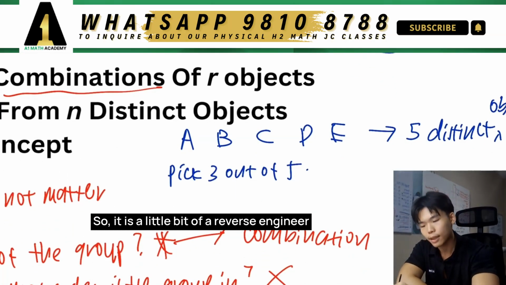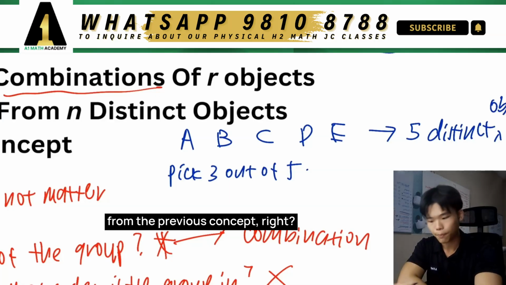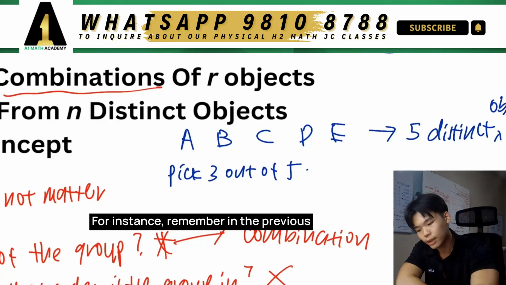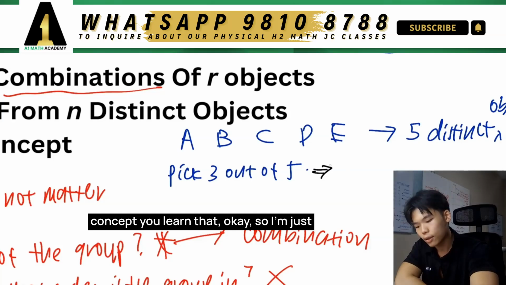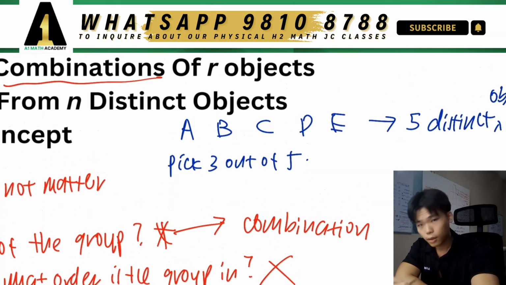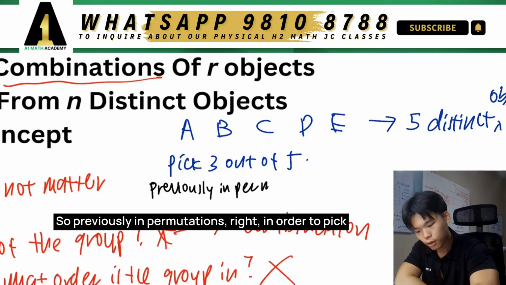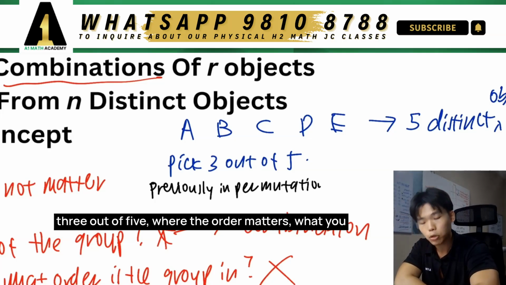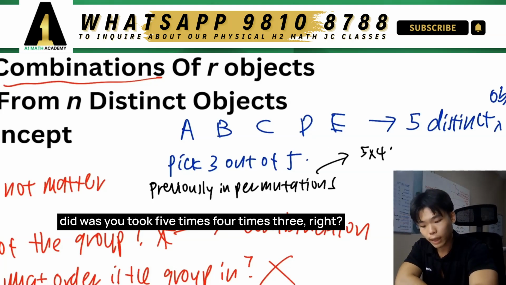So it's a little bit of a reverse engineer from the previous concept. Remember in the previous concept, I'm just going to draw from the previous concept, in permutations, in order to pick 3 out of 5, where the order matters, what you did was you took 5 times 4 times 3.